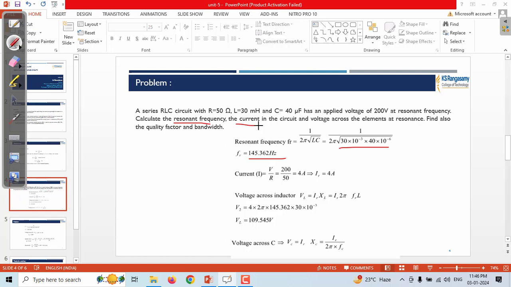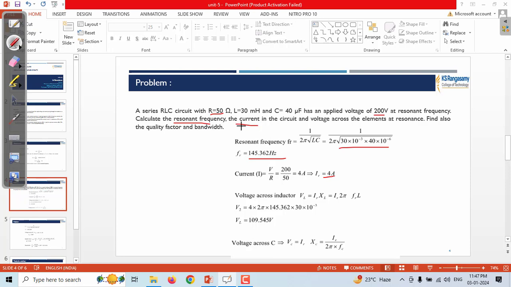Next is the current. V equals IR, so I equals V by R. V is 200 volts and R is 50 ohms, so 200 by 50 gives 4 amps. So the current value is 4 amps.